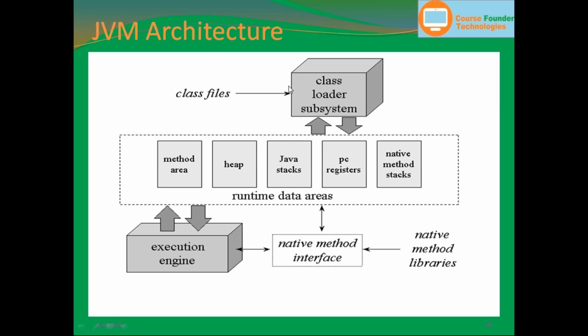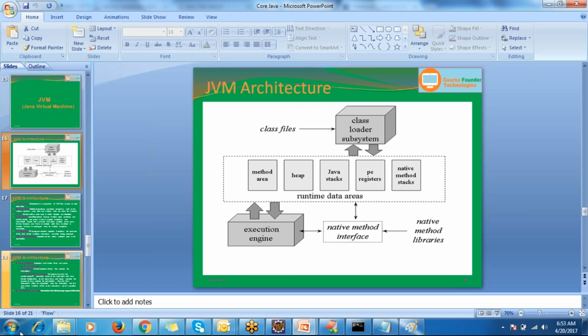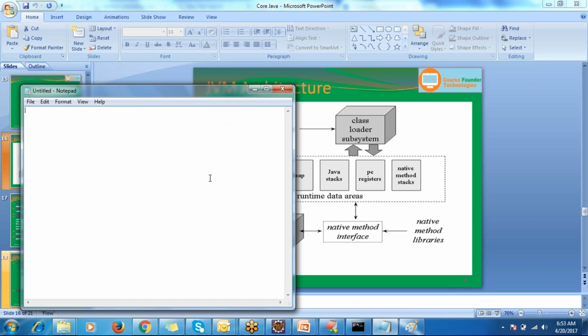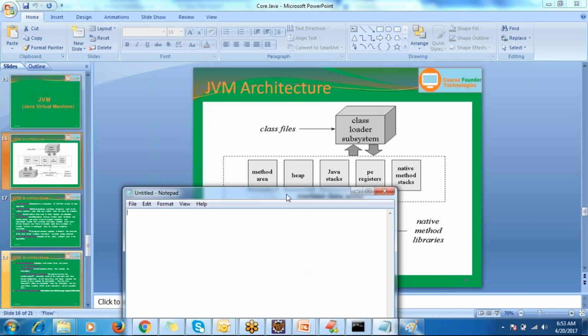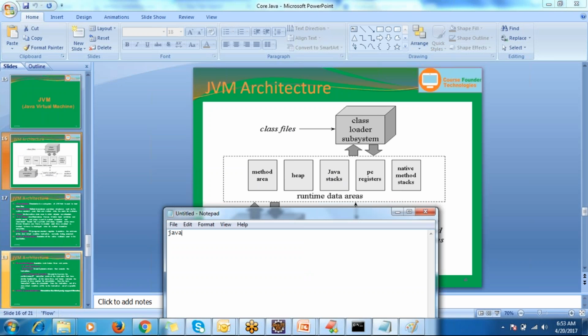at the JVM side we have a class loader subsystem. Whatever file name you are giving as an input for the java command, it will load that class. If you open a notepad, before that, let me go to the first basic command: javac abc.java, correct?